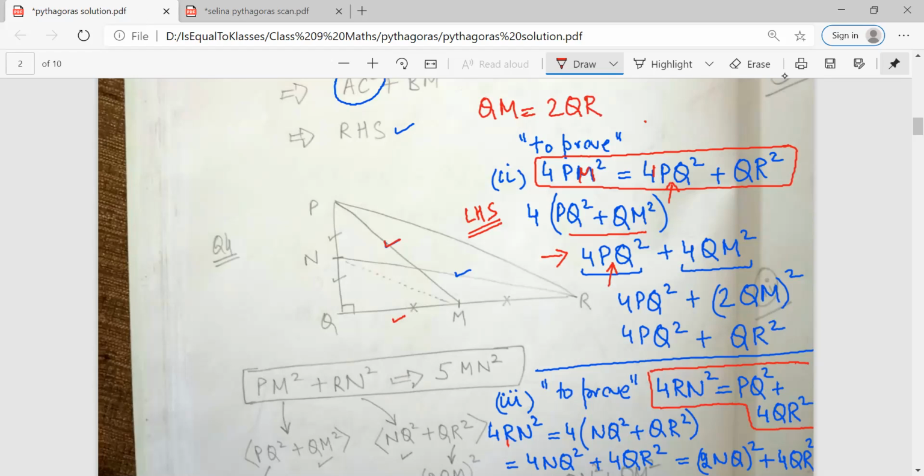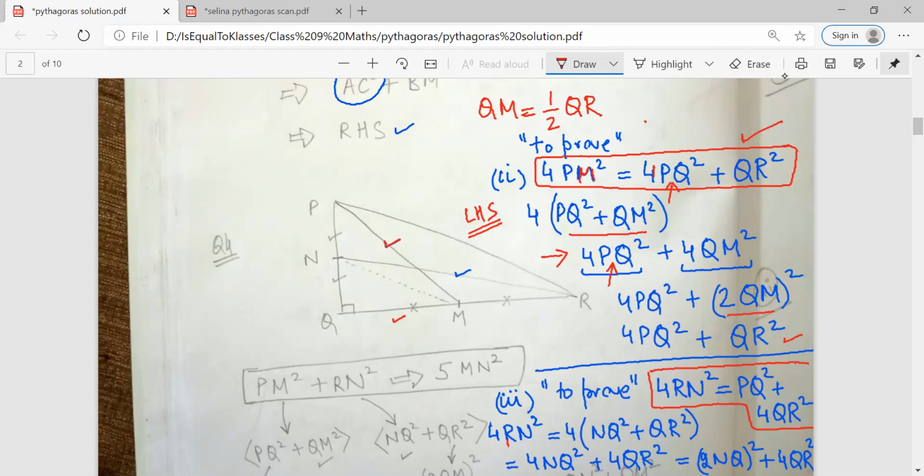Mr. Rudra, why is QM half of QR? Because M is the midpoint of QR. Yes, sir, because it is given. So QM is half of QR. So when I write 4QM square, this I can write as twice QM square. So twice of QM would be QR, and that is what is written here. So this part is proved.